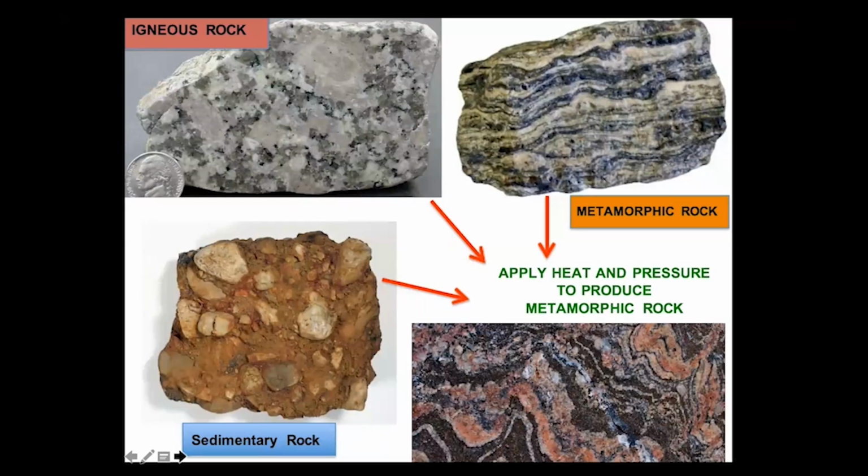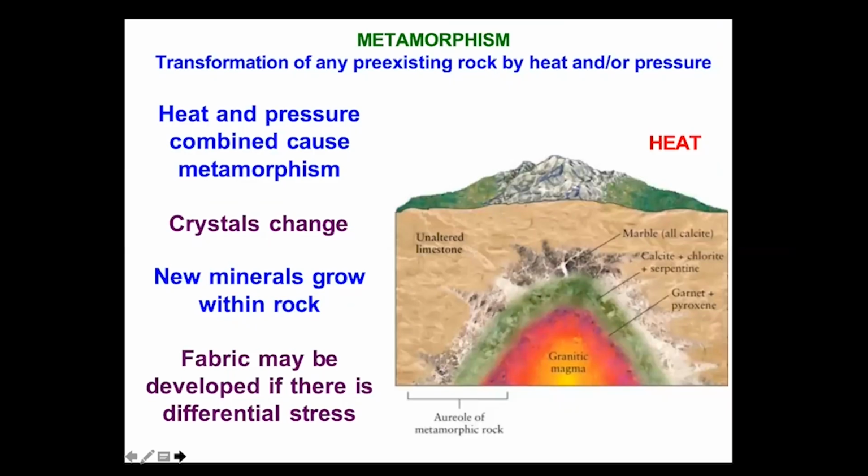So we've looked at igneous rocks, metamorphic rocks, and sedimentary rocks. Remember, we can apply heat and pressure to any of these. So we can actually start with a metamorphic rock, apply pressure and heat to that, and produce a new type of metamorphic rock. As I've pointed out, metamorphic rocks are formed by transformation of any pre-existing rock by heat and pressure.